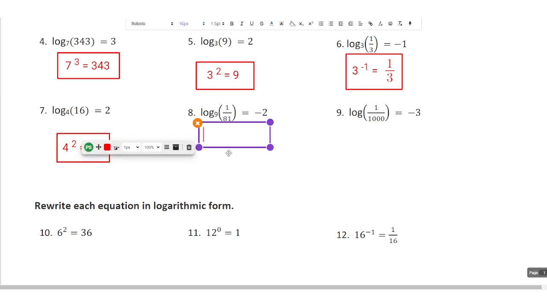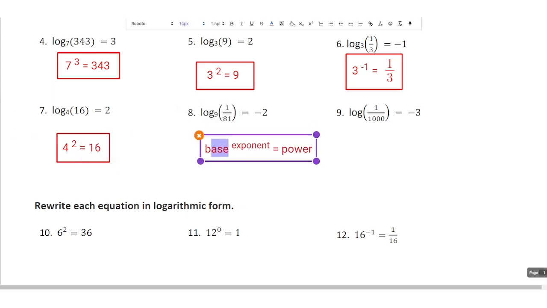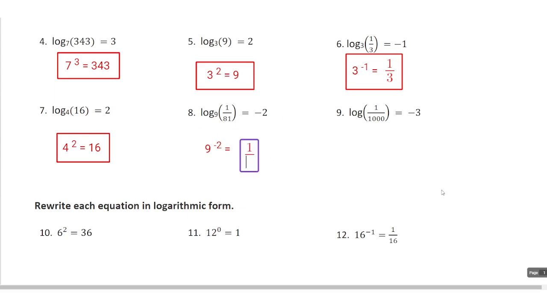For number 8, our base is 9, our exponent is negative 2, and our power is 1 over 81. And yeah, that does actually check out. 9 to the negative 2nd power is 1 over 81. Really it's 1 over 9 squared, and 9 squared is 81.